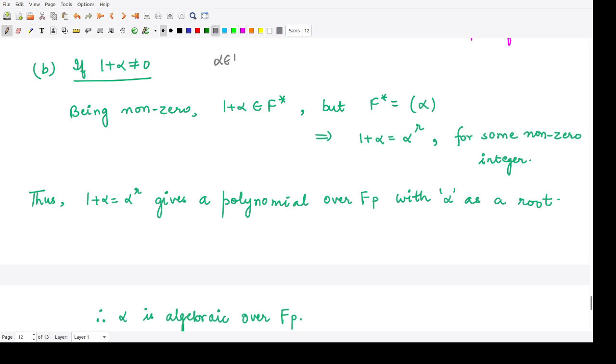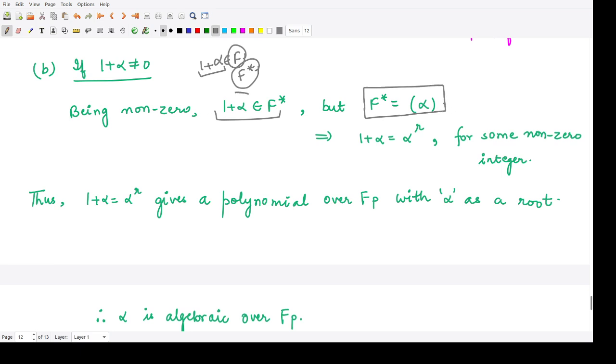Alpha was present in F, and because this is a non-zero element, 1 plus alpha belongs to F. Because this is non-zero, it would obviously go to this F star, because F star has the same elements as F except the zero element. So it will go to this F star. But what is your F star? F star is cyclic and it is generated by this element alpha, that we already know.